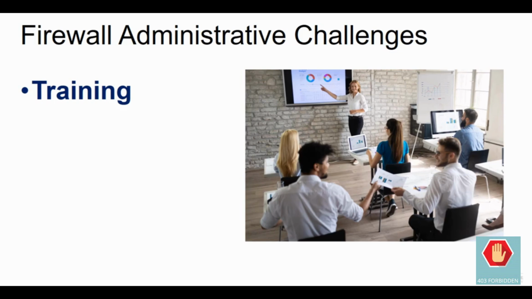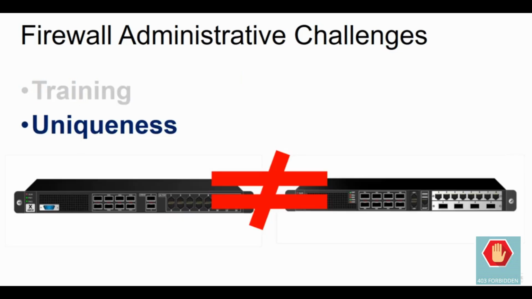It takes a substantial amount of training to properly set up and run a firewall. Uniqueness. Each brand of firewall is different, and no two vendor languages are the same. Each vendor makes their living on a particular firewall model, and the rules and operations of one vendor's model will look nothing like that of another, regardless of the similarities in the device itself.